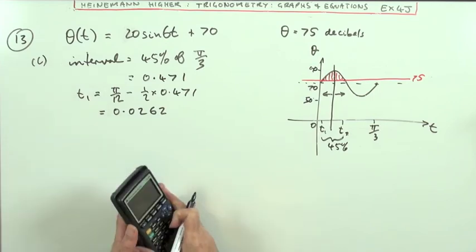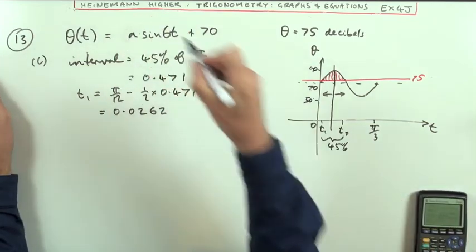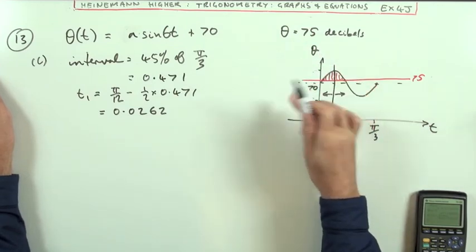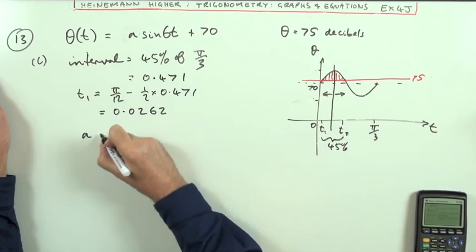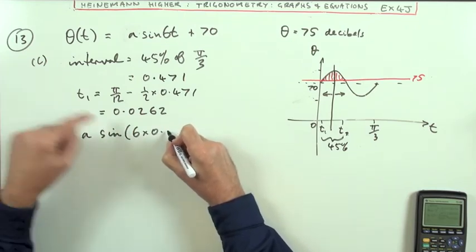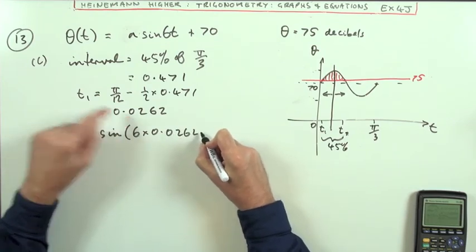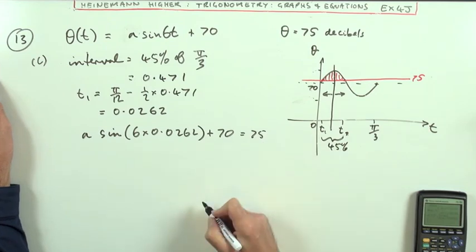So that'll be pi upon 12 minus a half of 0.471, which is 0.0262 I'll put for time 1. Then, I don't know this amplitude, I'll just call it A. So it's no longer 90 and 50, it's going to be 70 plus A, 70 minus A. But I know that A sine of 6 times 0.0262 plus the 70 should equal 75.